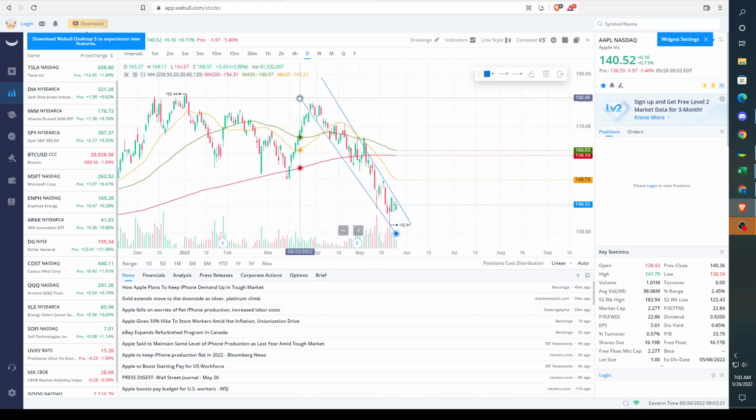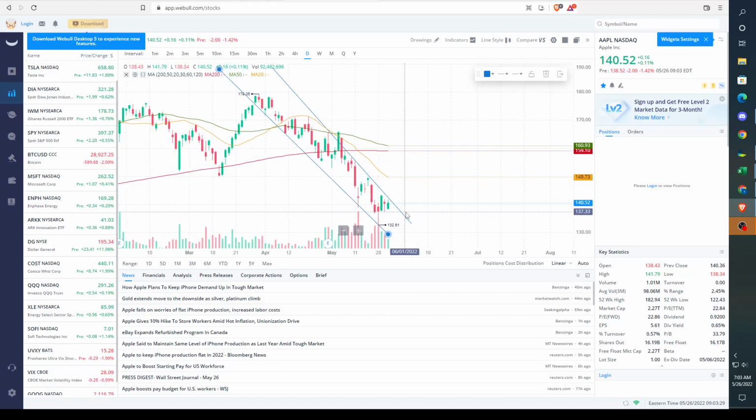All right, so Apple is still in this downtrend channel, and we are getting close to the end of this channel, so we could potentially see a breakout. The one thing I would pay attention to is this prior high that we made, right around 149.73, which lines up with this 20-day moving average pretty well. The 20-day moving average is right at 149.73.